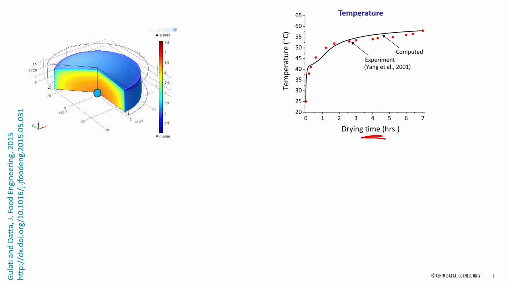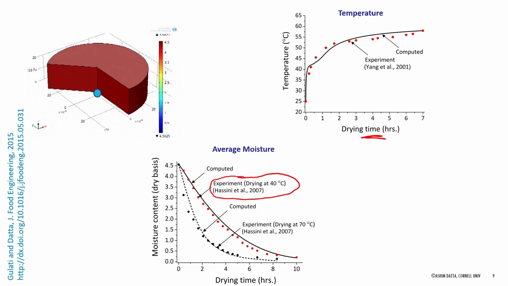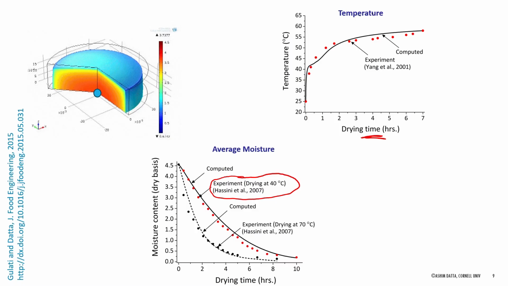And here is the average moisture content. You notice it is dropping with time, and also the rate of this moisture loss, that also drops with time, meaning this curve kind of slows down here.